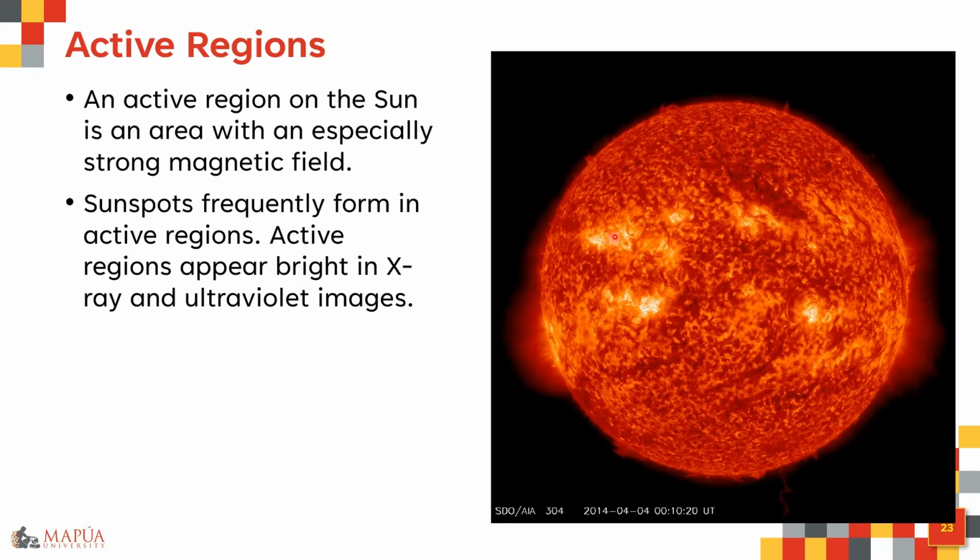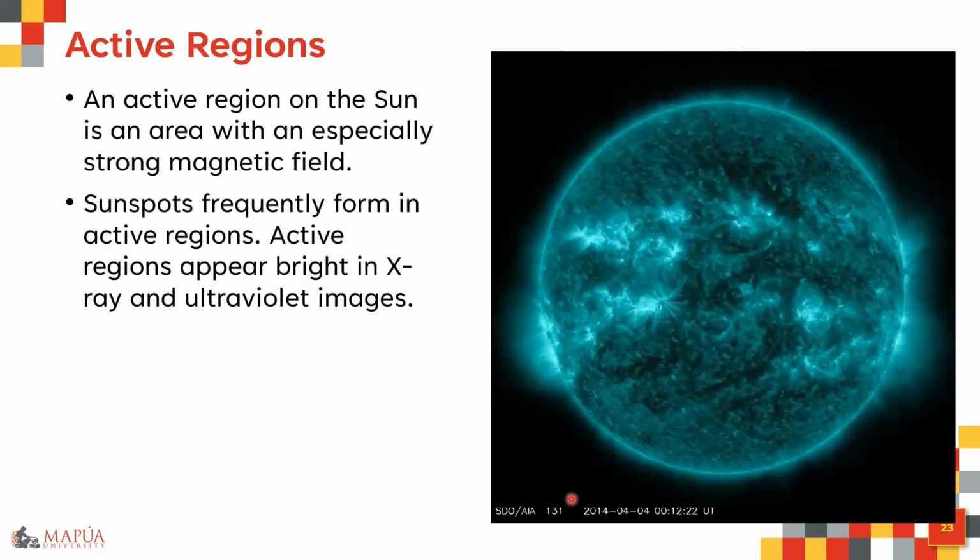Okay, so this is an example of the image of the sun around the same time at 304 angstrom, or 30.4 nanometers. So that's already extreme UV. This is another example of the same sun again at 131 angstrom.